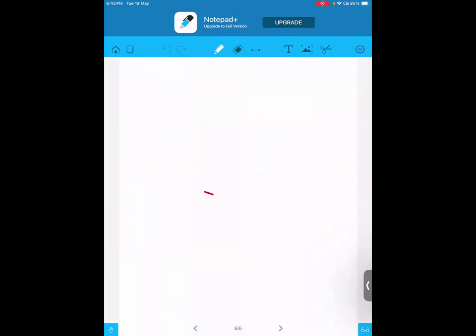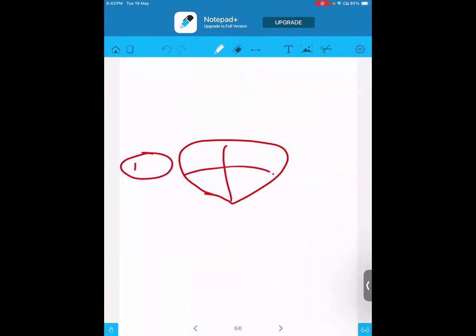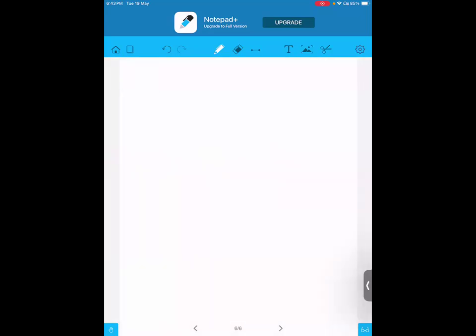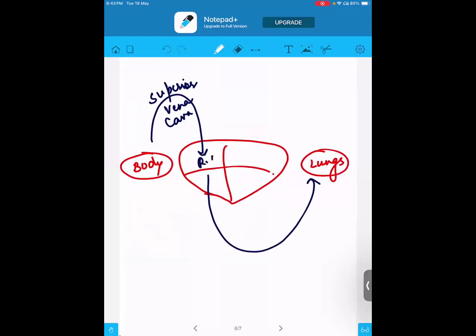Now, if I have to draw the diagram to explain the same thing, it will be like this. This side we have the body and this side we have the lungs. As I told you, the movement will start from here, the deoxygenated blood, then it goes into the lungs. So the superior vena cava, then right auricle, right ventricle, and then into the lungs.